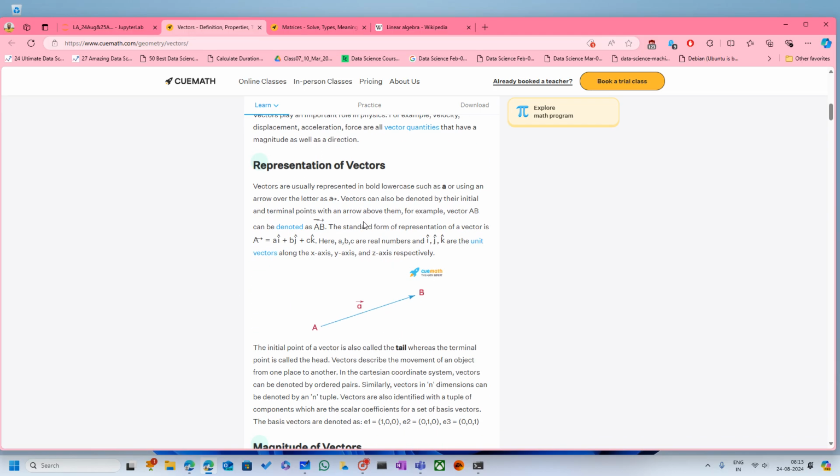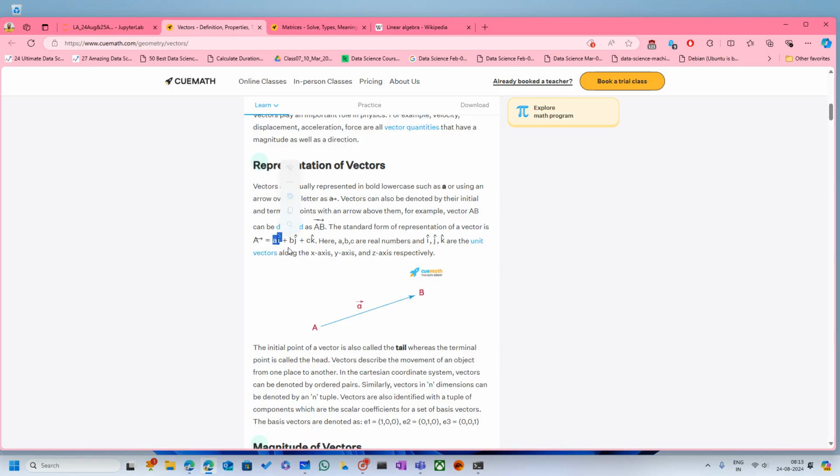And like that you have the magnitude, represented as the magnitude of vector a to b, and let A be your home, B be your gym. And so the standard form is also represented. Basically a vector A could be the addition of multiple components.